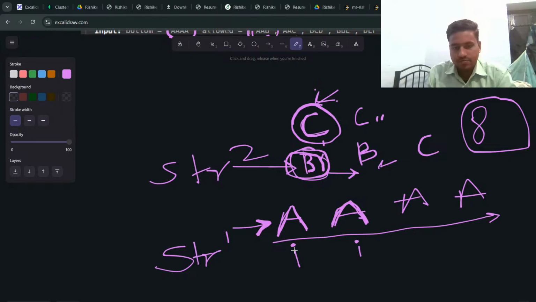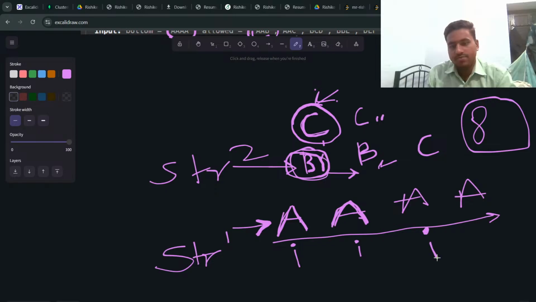For str1, what we have to do is, let's say I comes back here. Then we put str2 equal to B and str2 equal to C. And then again make a call with I incremented. I comes over here.